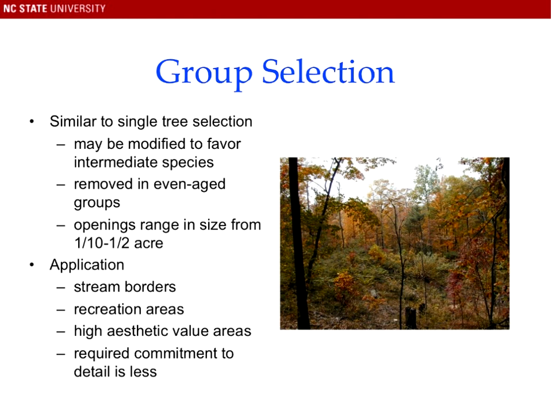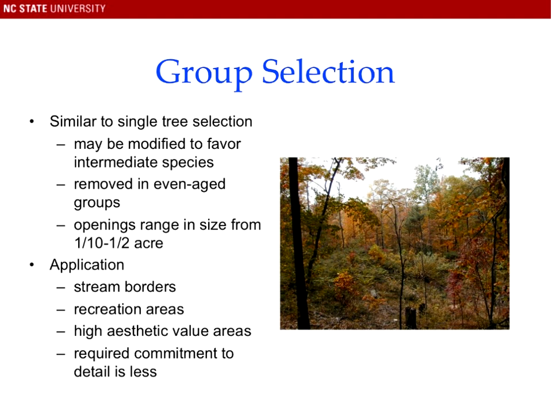So you might view them as very small patch clear cuts. They have really great application on places like stream borders and recreation areas, where you're trying to maintain mostly an older stand of trees but begin to accomplish regeneration, and where areas have high aesthetic value.